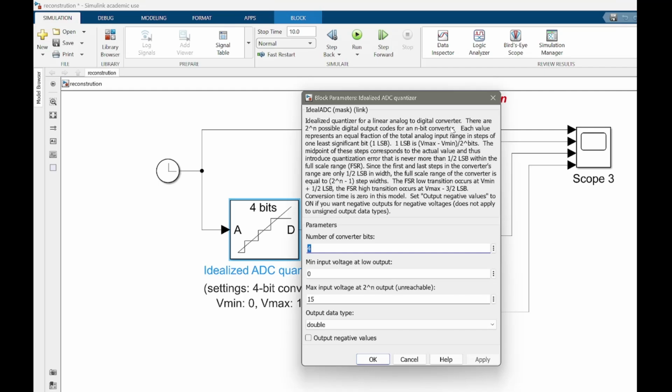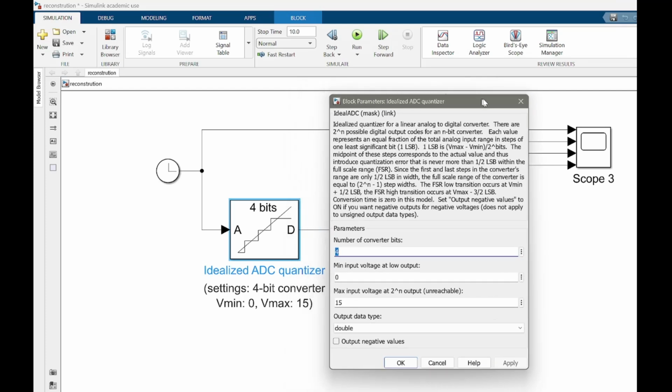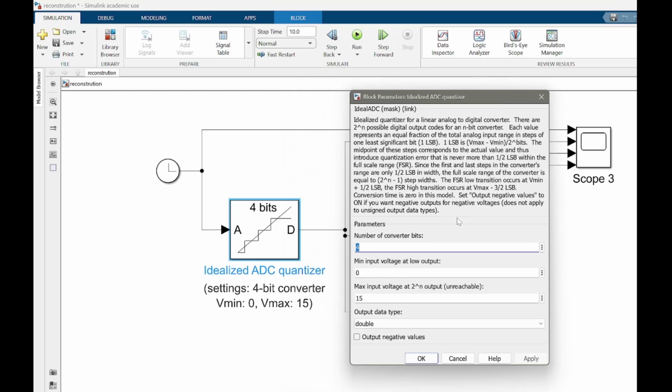Its job is to convert the continuous analog signal into digital values. In this example, the converter uses 4 bits. A 4-bit ADC can represent 16 different levels from 0 to 15. So our minimum value is 0 and maximum is 15.